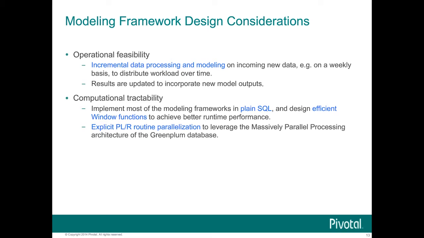Apart from that, we also use PL/R parallelization. PL/R is a procedural language extension to R. For those of you who have used R on a single node, PL/R enables you to distribute the same code across data that is residing over multiple segments on a Greenplum database. That way we can achieve better runtime performance and also work with big data in a computationally efficient time.